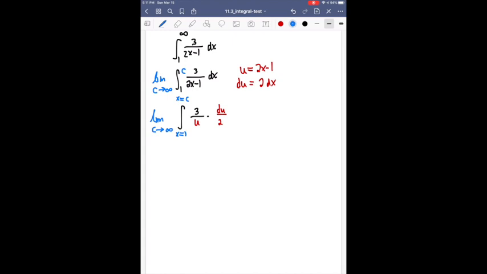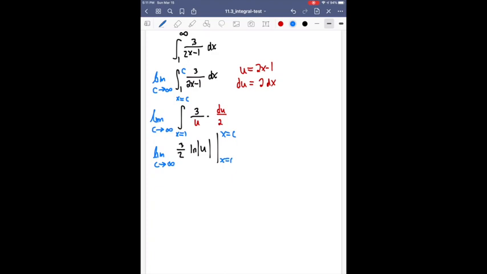The limit is still going to remain, we have the limit as c goes to infinity. But the antiderivative that we'll get is this factor of 3 halves out in front times the ln of u. And again, we evaluate that at x equals 1 and x equals c.